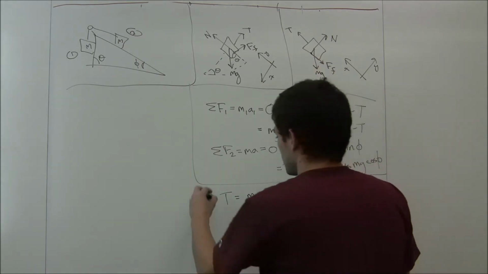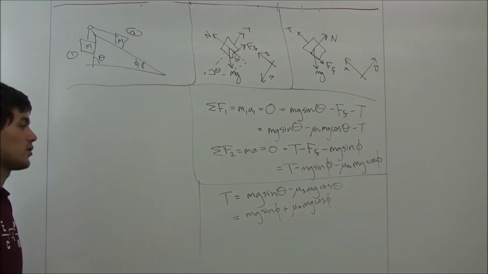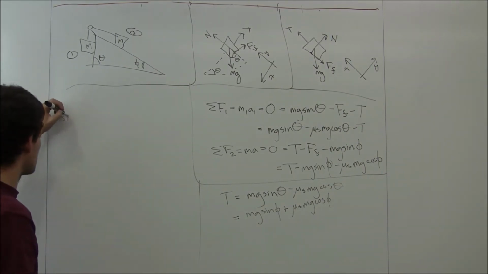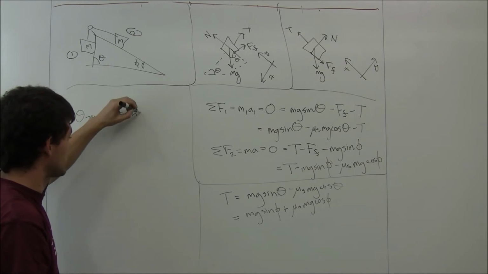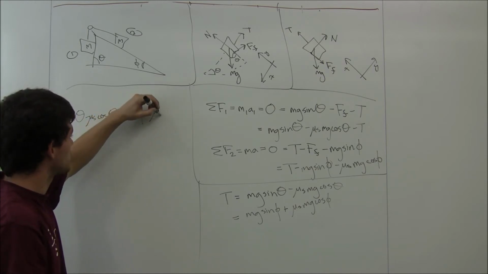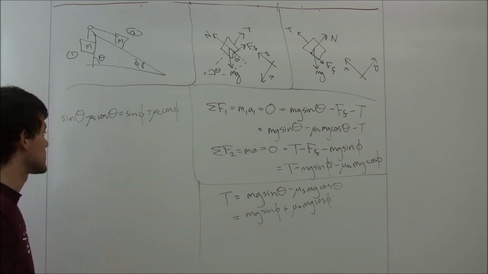So now we can set these two equal to each other. We're going to cancel out all of the mg terms because they don't matter to us. And so we get sine theta minus mu sub s cosine theta is equal to sine phi plus mu sub s cosine phi. And we can now rearrange this to get mu sub s on the same side.